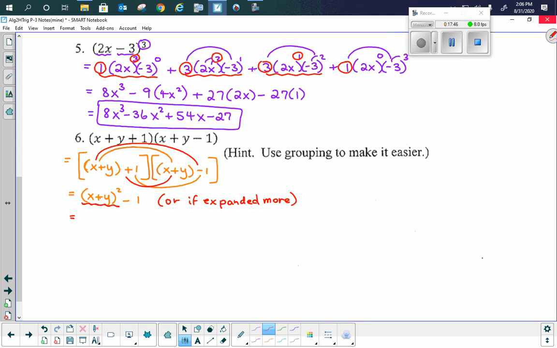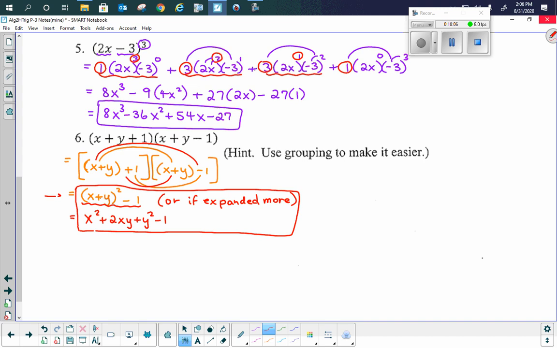If you square that and combine your negative 1 with it, you would have x squared plus 2xy plus y squared minus 1. Okay, I'm going to circle both of those. I prefer you actually give me the top answer, okay, that top answer, because that's really the pattern that we're looking at. All right.